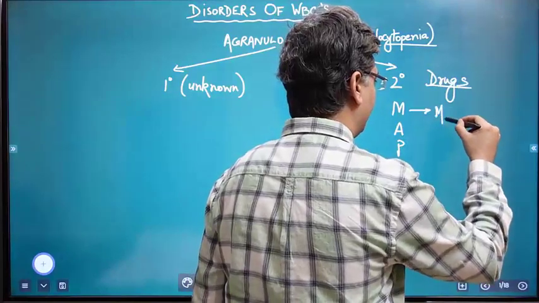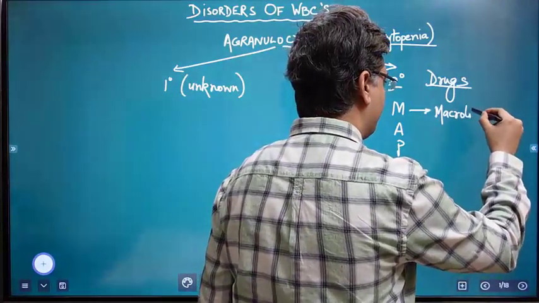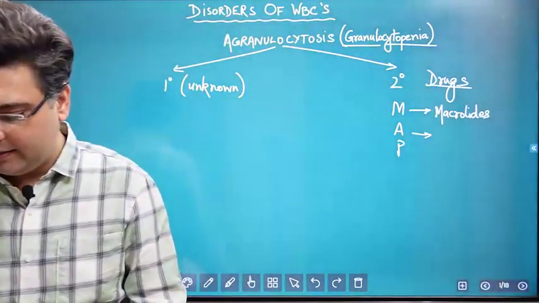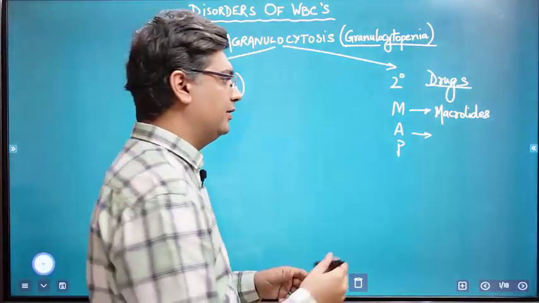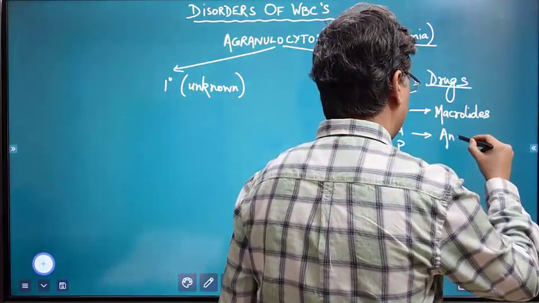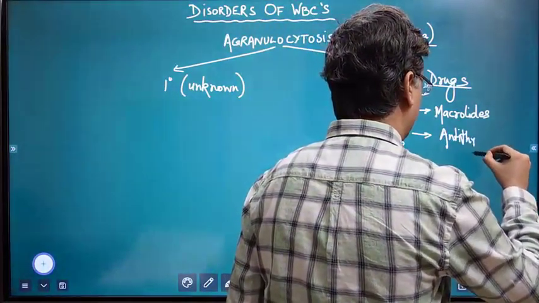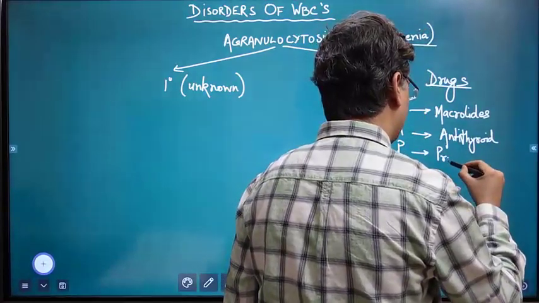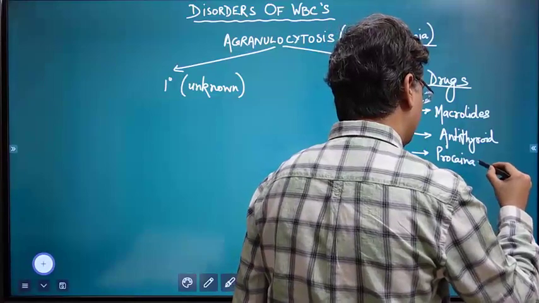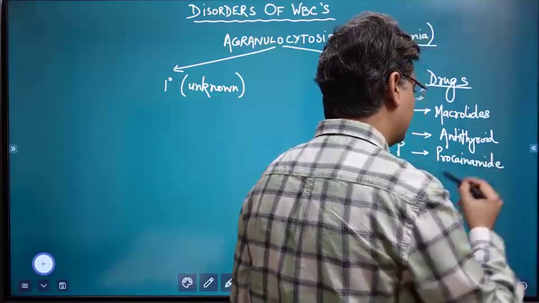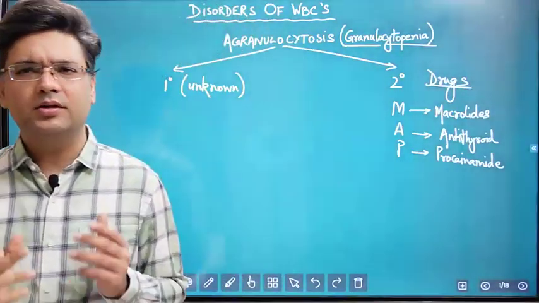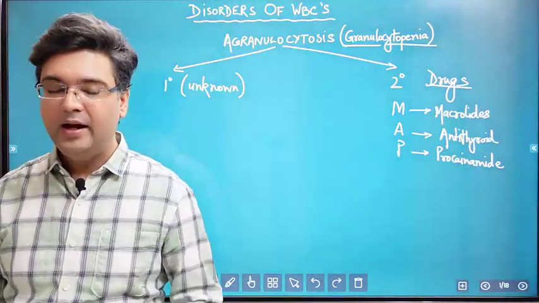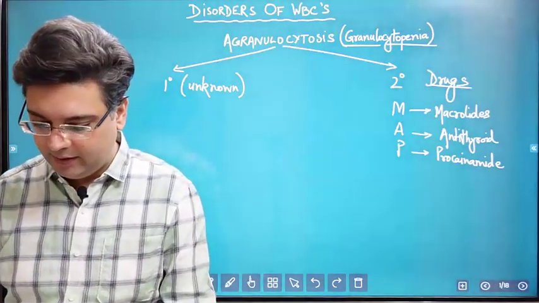M is for macrolides, A is for anti-thyroid drugs, and P is for procainamide. So these are the drugs which, when you give them, can sometimes result in agranulocytosis. At least we know the cause specifically here.